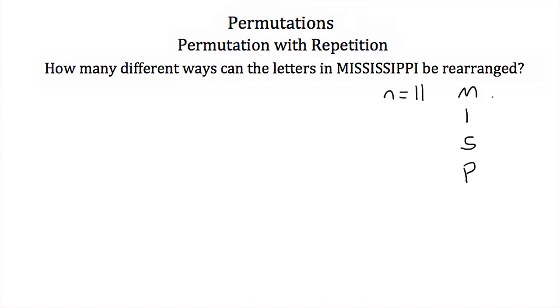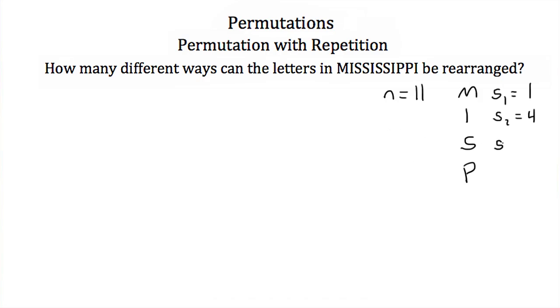Now if we say that S1 is the number of occurrences that M occurs in these letters, well, M only occurs once, so there's only one M. If we say that S2 is the number of I's that we have, well, there are 4 I's, so S2 would be equal to 4.